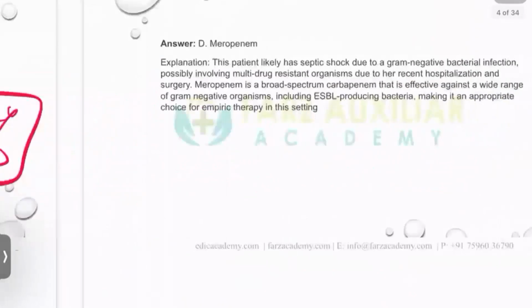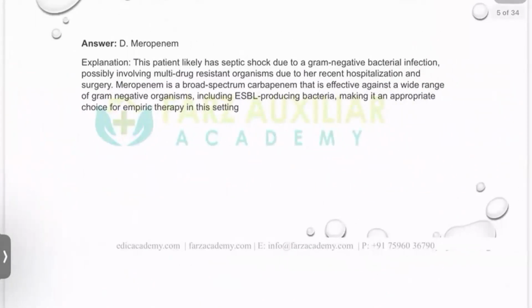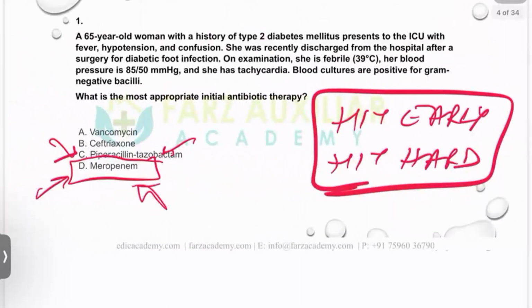But why not piperacillin tazobactam? The patient is in septic shock, and in septic shock it is not approved. Meropenem is a broader coverage, including anaerobes and ESBL E. coli. Piperacillin tazobactam will not work if this patient has gram-negative sepsis.